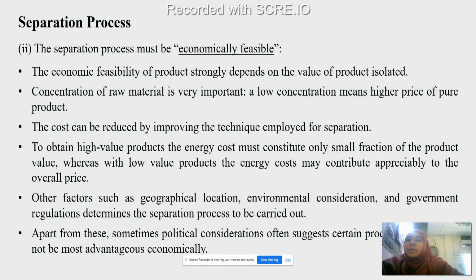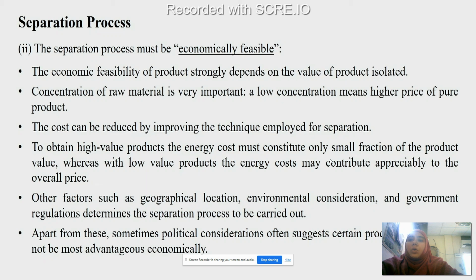Concentration of the raw material is very important. A low concentration means a high price of pure products, because then we have to go for expensive downstream purification and separation, which is very costly. So the cost of the end product will basically increase.